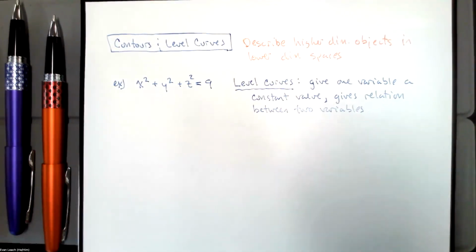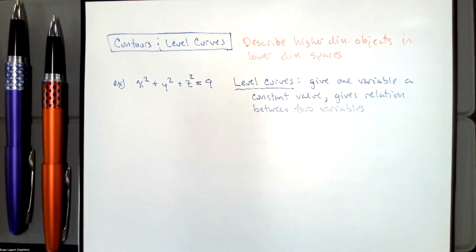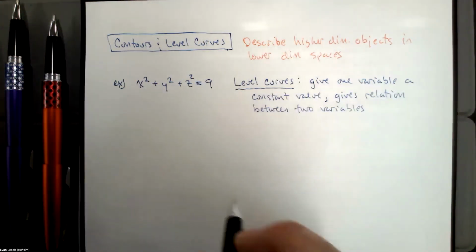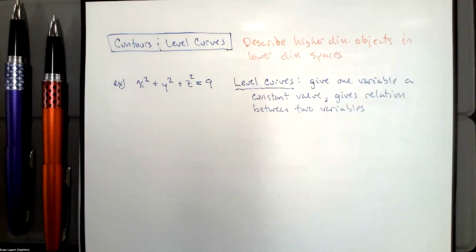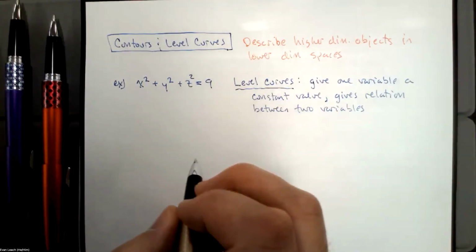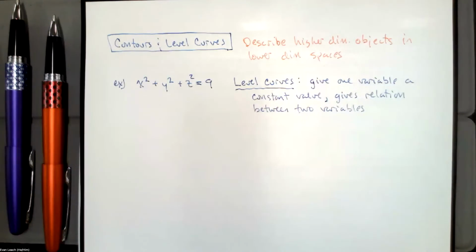And a relation between two variables we can represent in R2 with a one-dimensional curve. And then we'll just do the same thing that we always do. Pick another value, pick another constant, and see what that gives us.